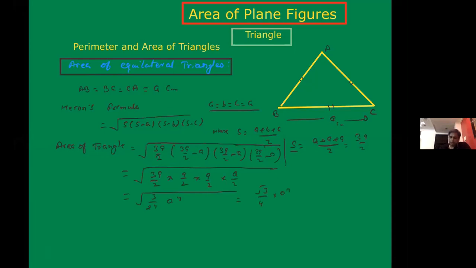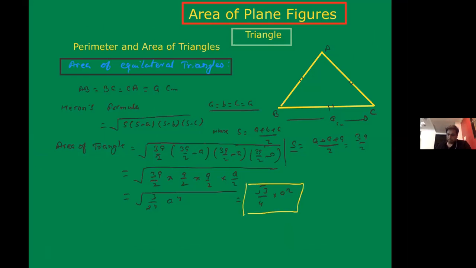So we can say the area of the equilateral triangle is root 3 by 4 A square. In other words, the area of the equilateral triangle is root 3 by 4 times the side squared. This is the formula for finding the area of an equilateral triangle.